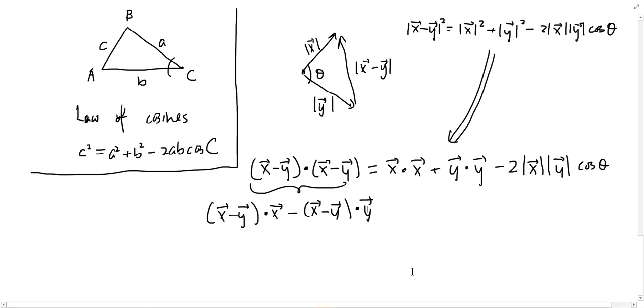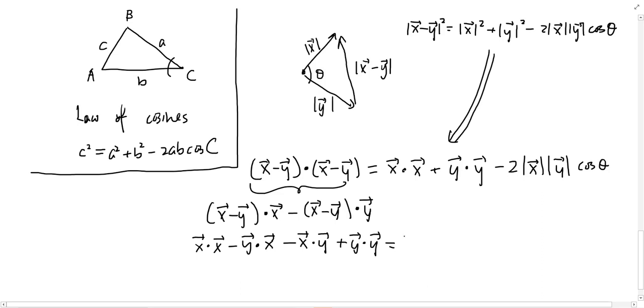And now both of these are just distribution again. So I'm going to distribute the vector x into x minus y, so it becomes x dot x minus y dot x minus x dot y. Now the double negative, minus minus, becomes positive y dot y.